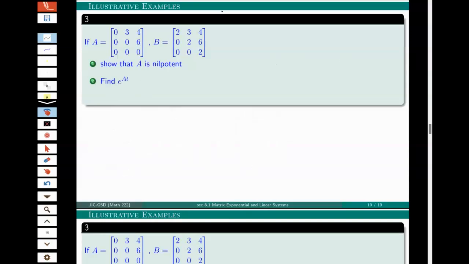Now, find e to the power At. What's our theorem to find e to the power At?